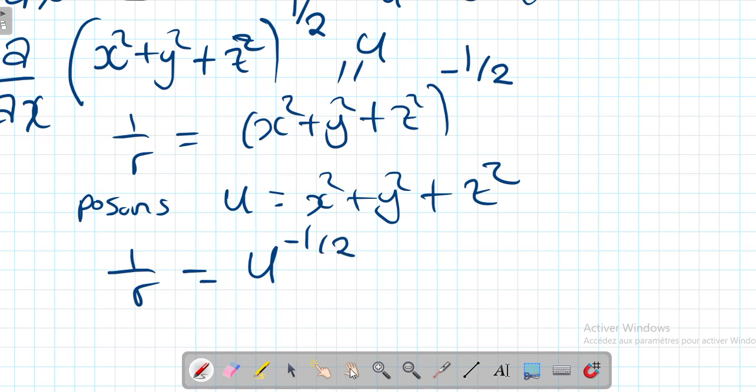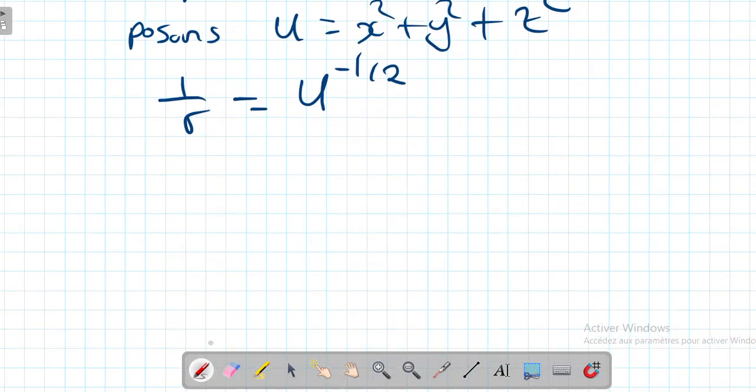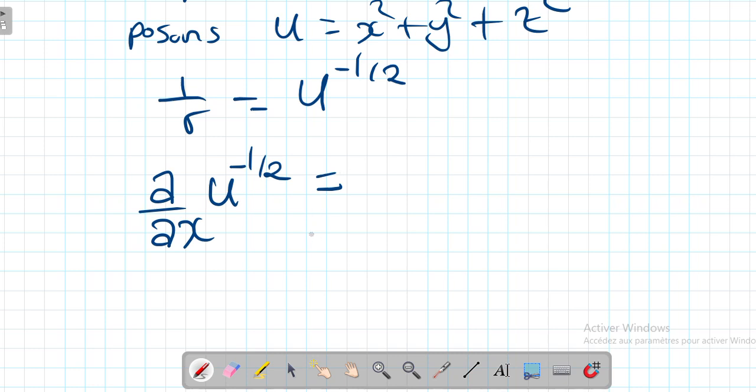Now you know that u is a function of x, right? So the partial derivative with respect to x of u to the power negative 1 over 2, since u is a function of x, you're going to apply the chain rule. I'm going to show you how you do it.